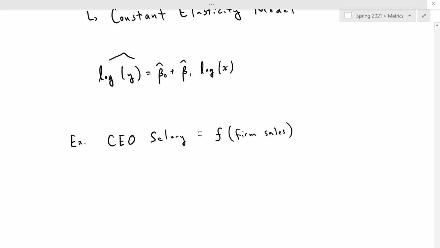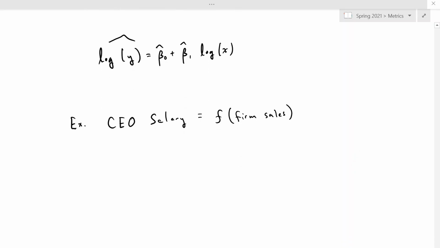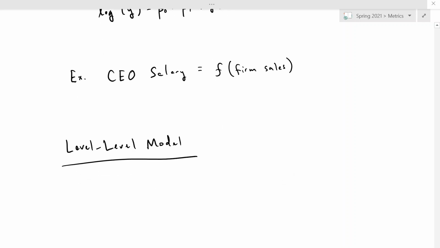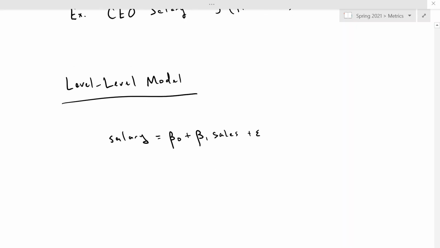First of all, let me just show you what we would have for a level model. That would be something simply like salary is equal to beta 0 plus beta 1 times sales plus our error term.